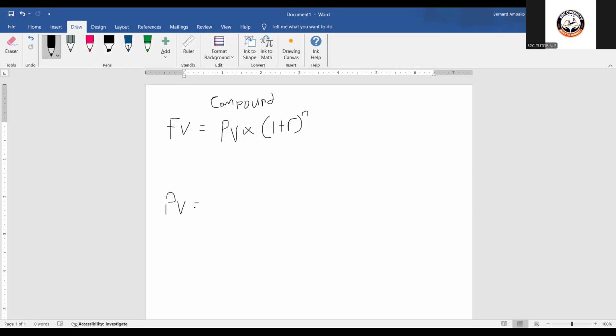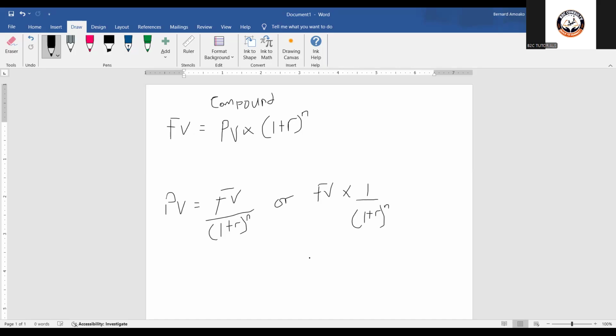Then how about finding the present value? We said that for that you discount the future value. So the future value multiplied by the discount factor, where 1 over (1 + r) is called the discount factor, raised to the power n.